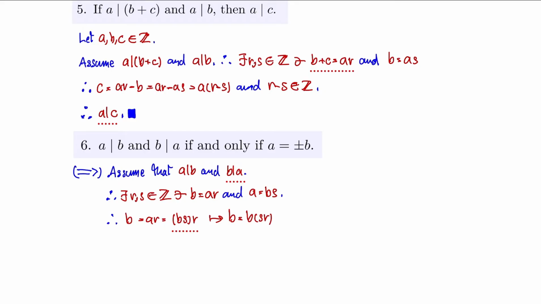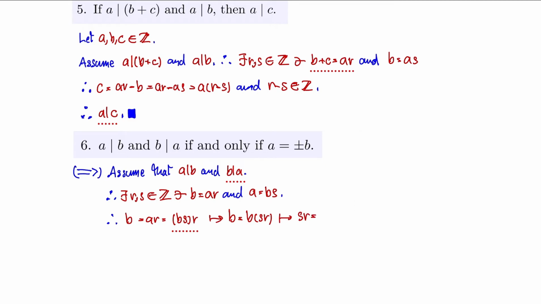Now since B and SR are integers, what happened? That means that SR must be 1, to preserve this equation. SR must be 1.